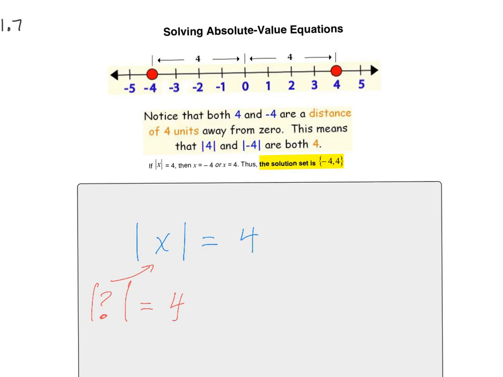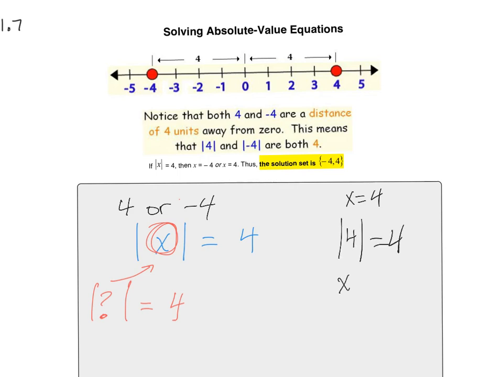Well, we know that absolute value is the distance from 0, and whatever value x is on the inside of this absolute value sign, it is 4 units from 0, then I know that this on the inside could either be 4 or negative 4.